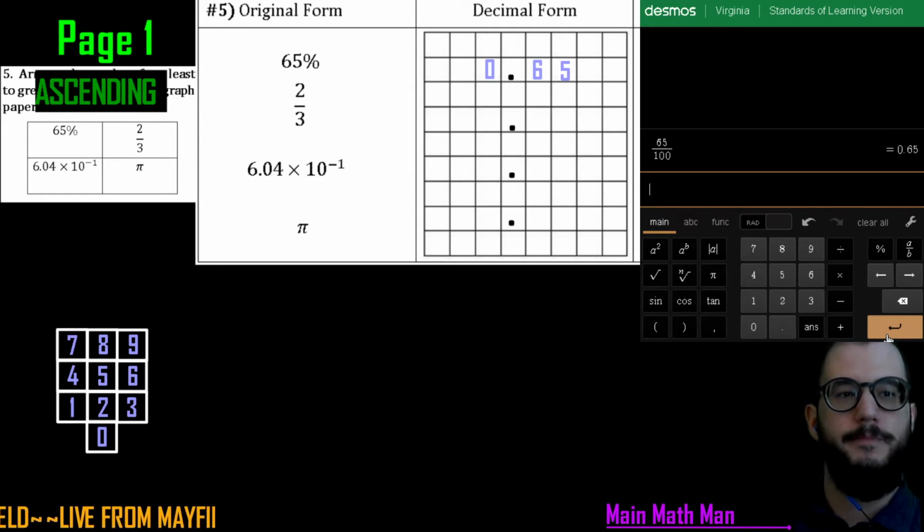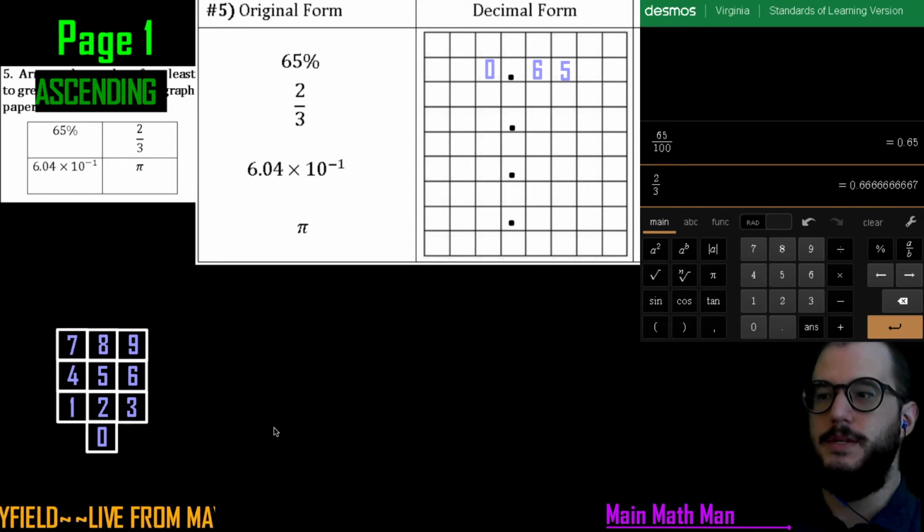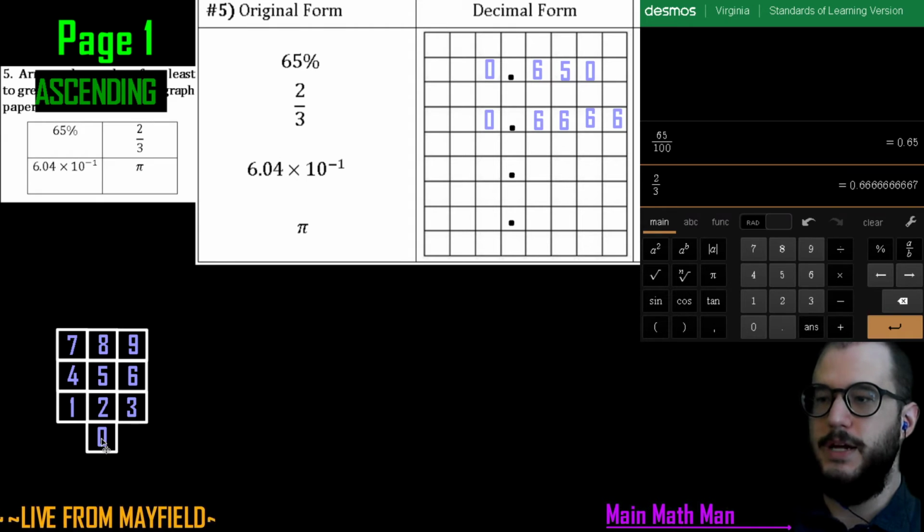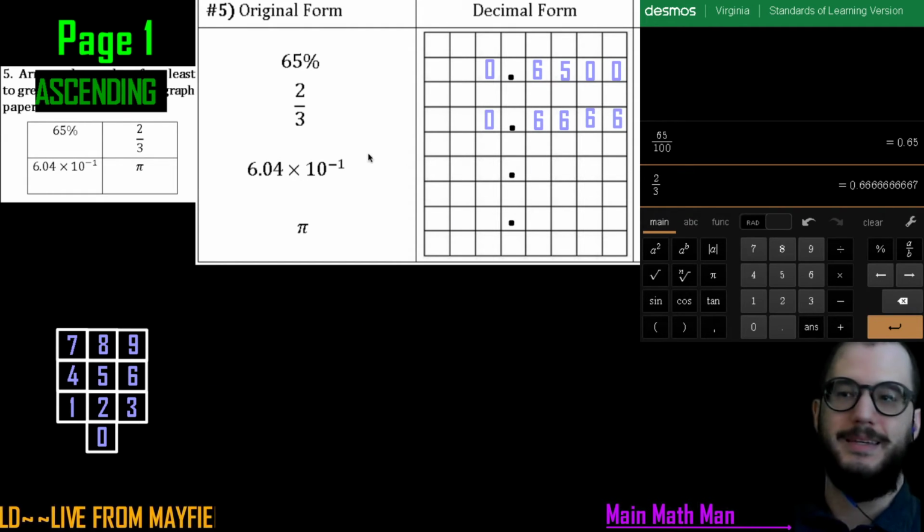For 2 over 3, I have that as a rational number because it repeats. Again, make sure you're filling in those decimal place columns very carefully, because I'm not going to have zeros after it. I'm going to have sixes after it. So again, make sure you are repeating those values. For the third one, it is that wonderful scientific notation. Again, since it's a negative exponent, that doesn't mean it's a negative value.